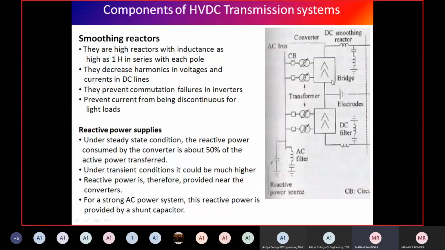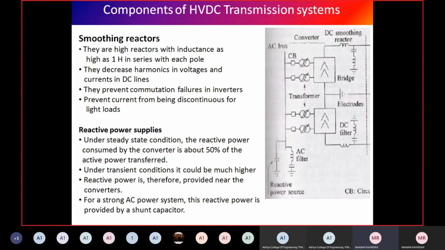After rectification, suppose any harmonics are produced, those can be removed using the smoothing reactor devices. They decrease the harmonics in voltages as well as currents in DC lines, and also prevent commutation failures in inverters. Next is reactive power supplies.